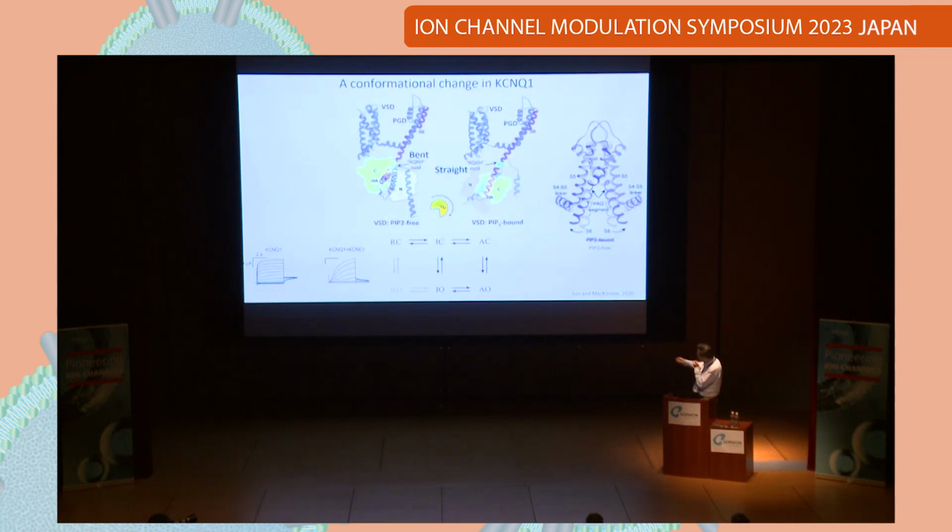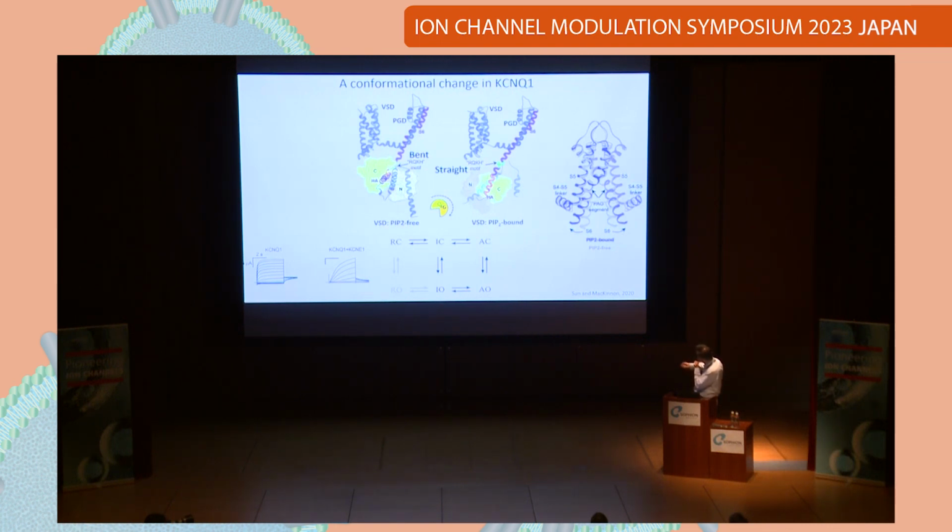Okay, so this is what we think: this bend state conformation corresponds to this I state, and this straight conformation corresponds to this A state. And this is also consistent with the structure. In Rademacher's structure, with PIP2 in there, they found that this channel has a fully activated voltage sensor, and also the channel is more open.